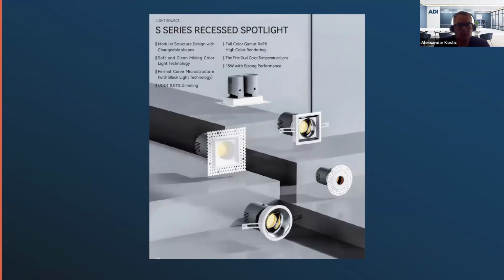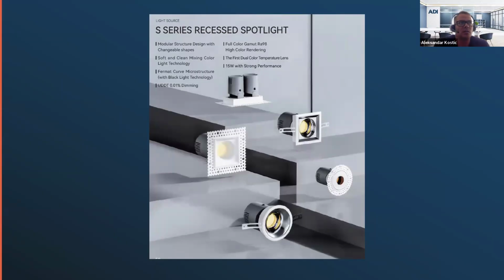Speaking about the dimming, it is really smooth. It provides dimming steps of 0.01%, which is quite granular. And also the color rendering index is really high, supporting Ra of 98. So this is a premium solution with the best possible lighting experience from our product portfolio currently.